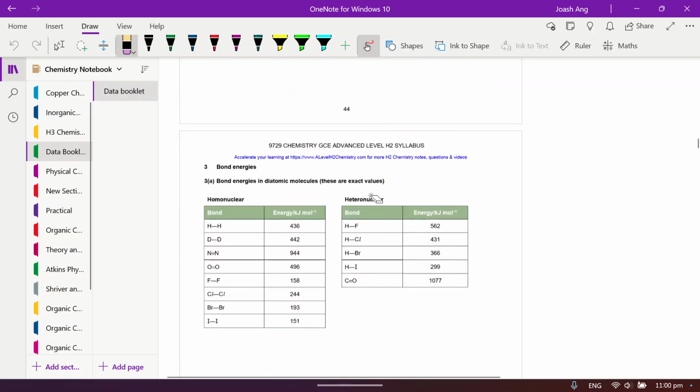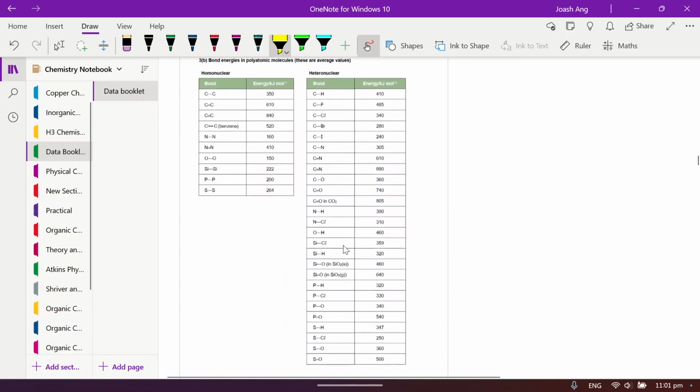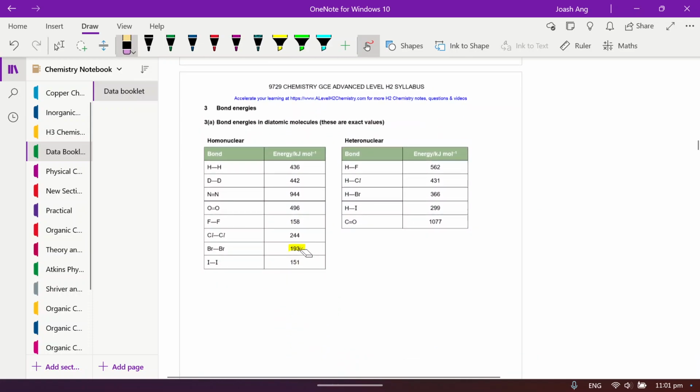We'll look at the data booklet. The Br-Br has a bond energy of 193, O-H is much higher, it's 460. So that is why I wouldn't recommend using water as the electrophile.